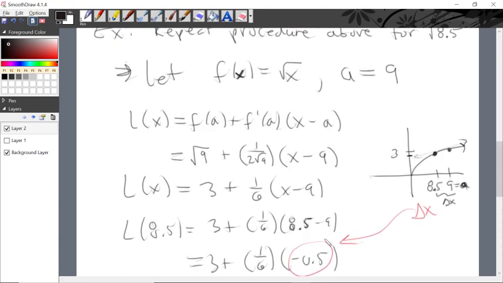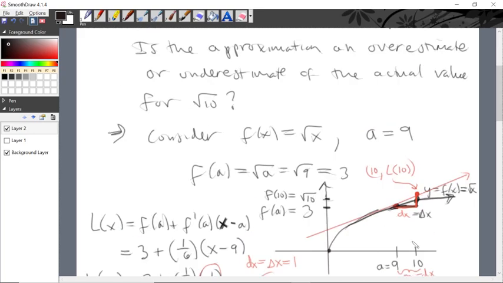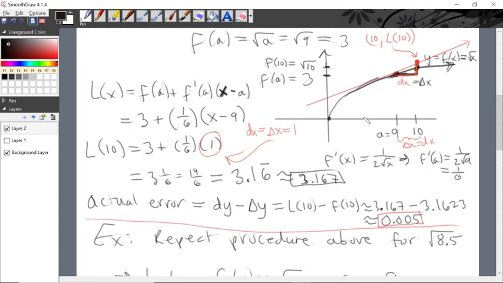And I neglected to write that down above as well, because this is a positive quantity here, and we can see it also from the picture there. This is also going to be an overestimate. Sorry about that. We have an overestimate here.